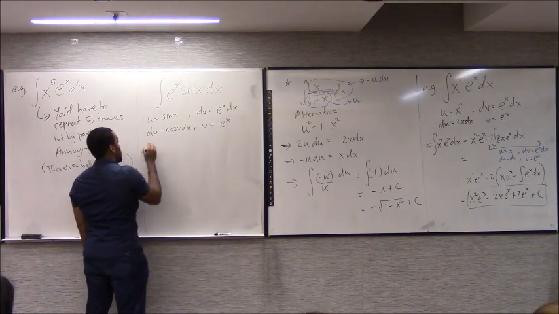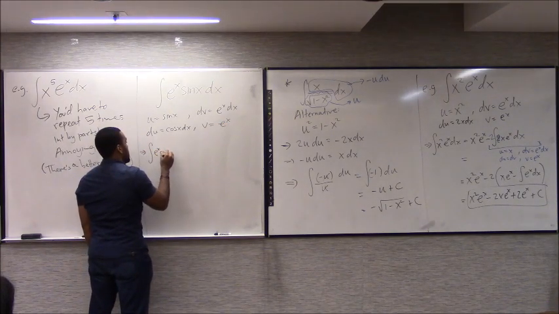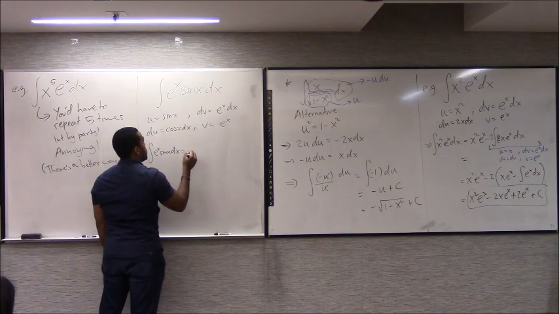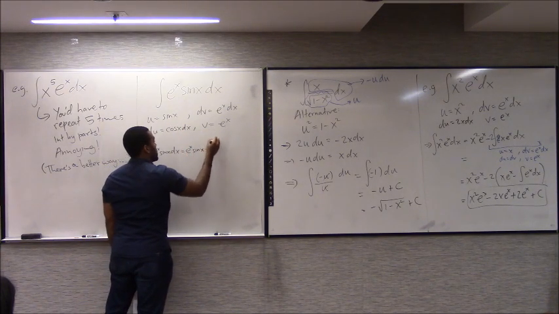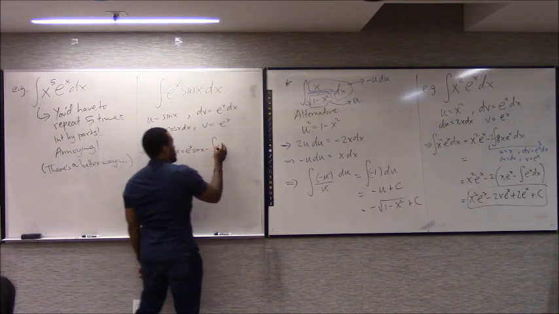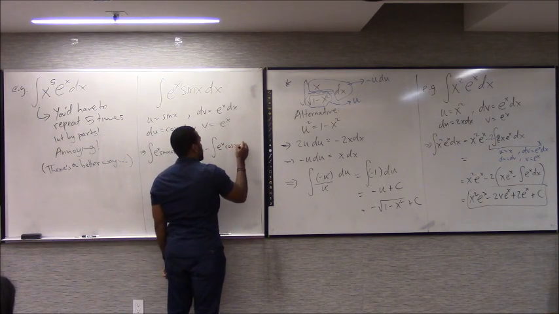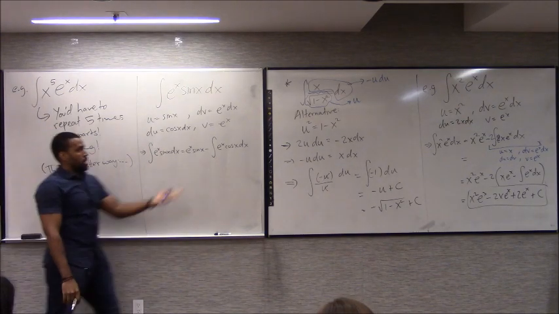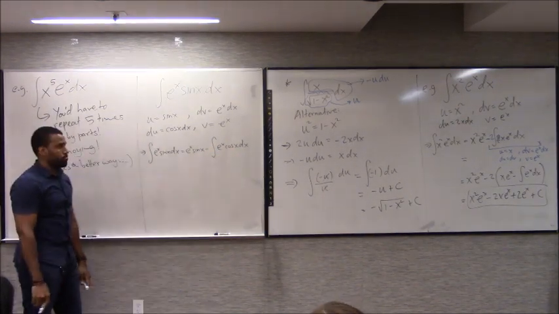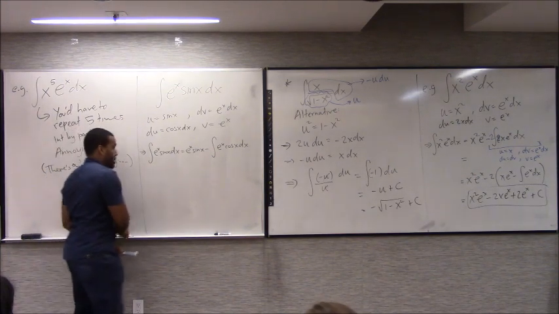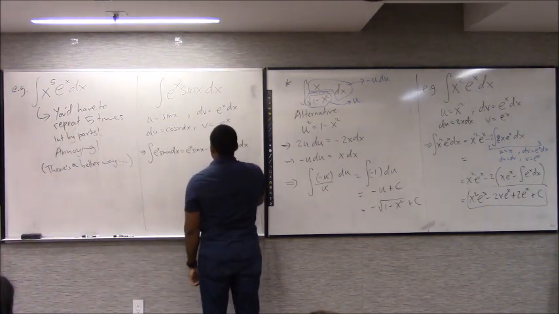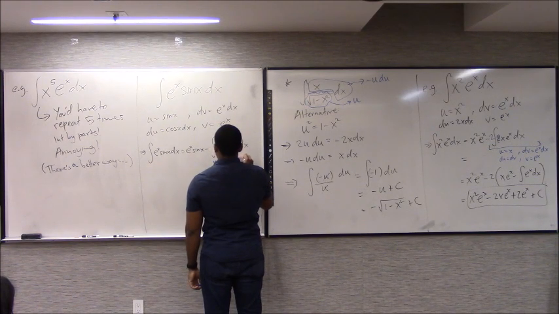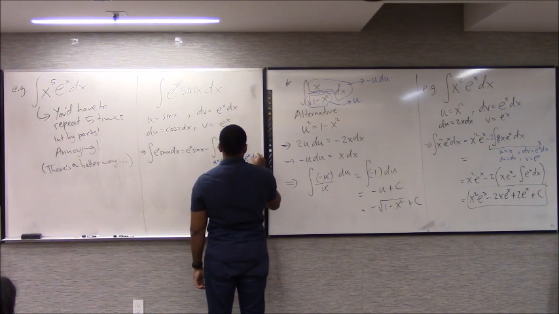And so what I would have is e to the x sine x dx is equal to u times v minus the integral of v du. How am I going to do this guy? Okay, let's do it again, see what happens. So I would choose here u equals cosine of x, dv equals e to the x dx.